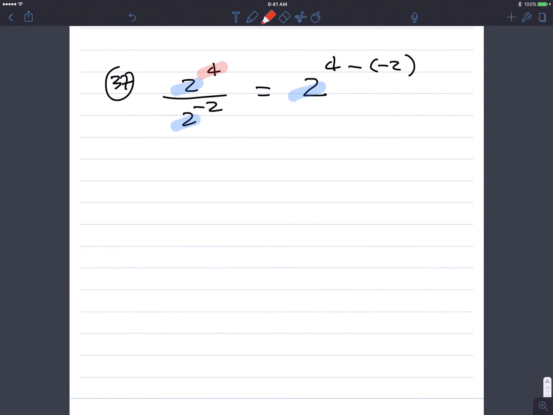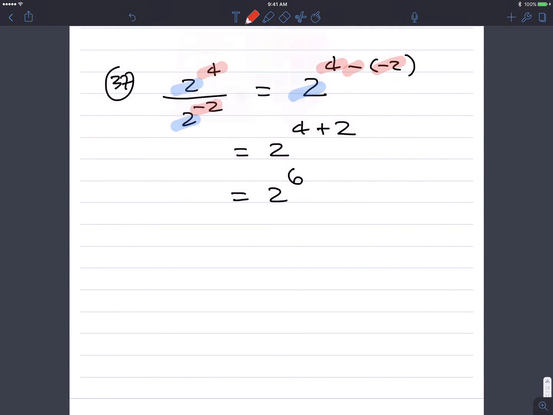Because here's my 4. I take the top power and then I subtract the bottom power. And the bottom power happens to be a negative 2 this time. So we have to remember how to perform arithmetic with signed numbers. 4 minus a minus is actually 4 plus 2. So you get 2 to the 4 plus 2, which is 6.